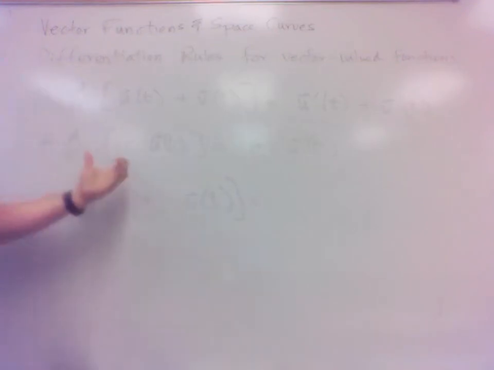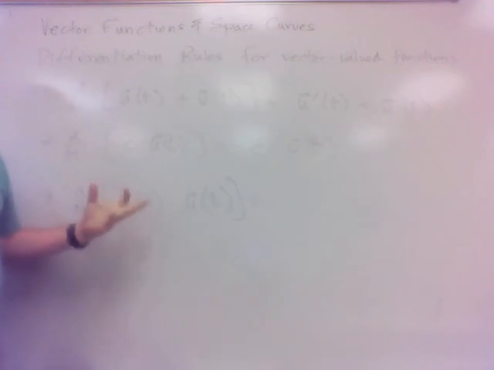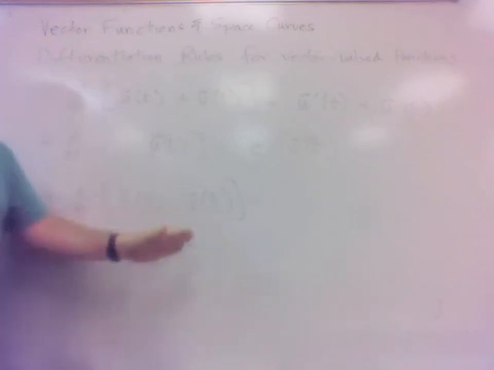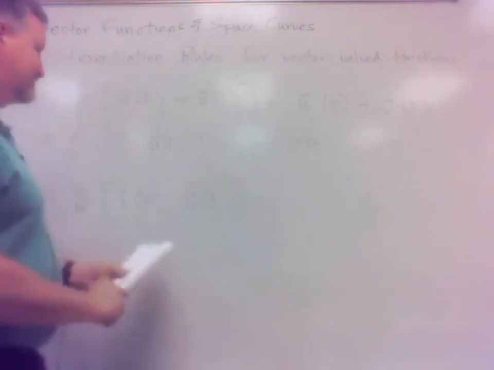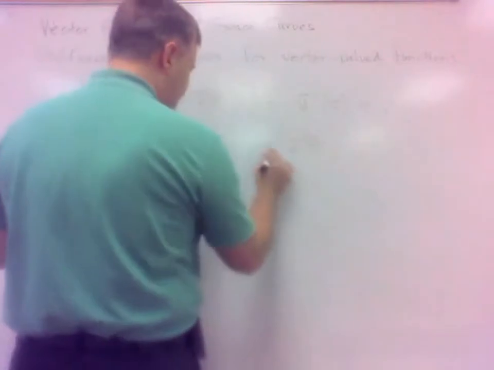Well, it's not a constant, right? Because it's varying. It's a function itself, just not a vector valued function, but it's product rule. When you got a product like this, it's not a constant.